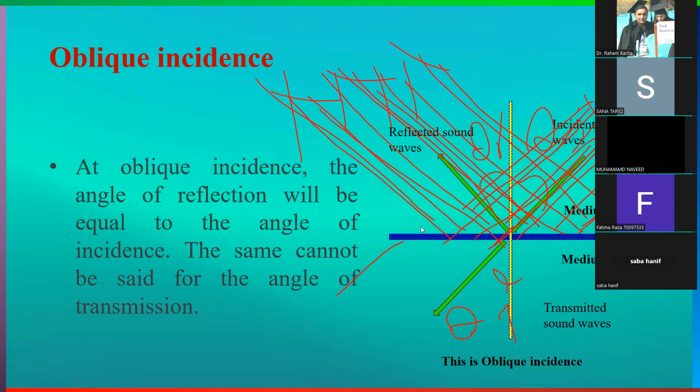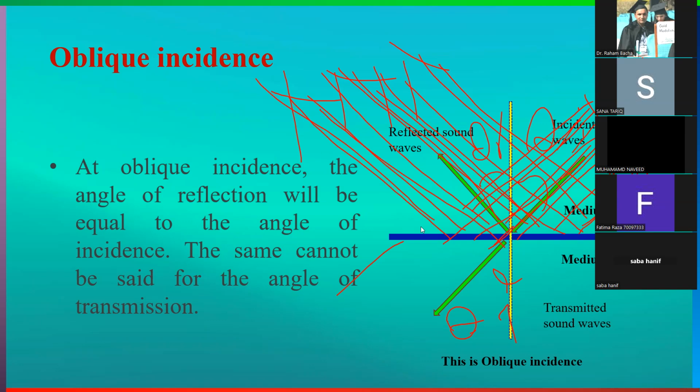If the sound waves are at oblique incidence to these large reflectors, then they will reflect in another direction and will not come back towards the transducer. That's why these structures will be affected, because the sound waves are not coming back from these reflectors.